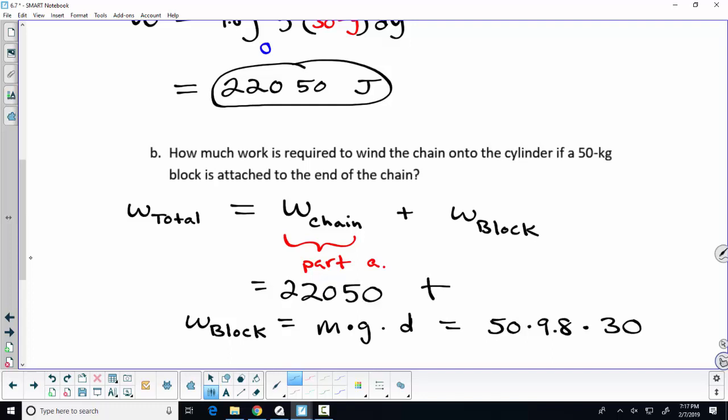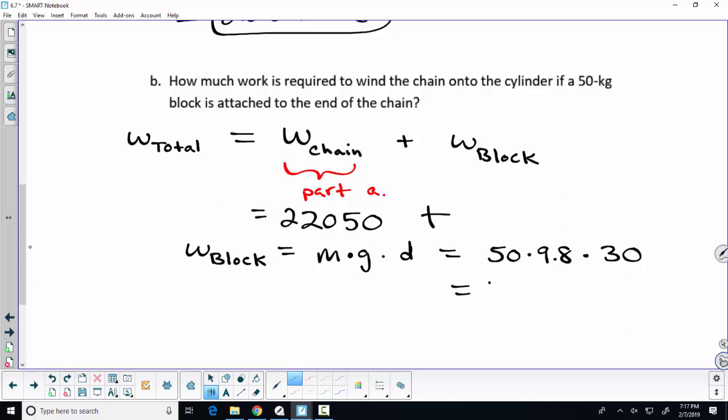Plus the work of the block, whatever that is, 14,700. So that's the work of the block. So this is our total work.